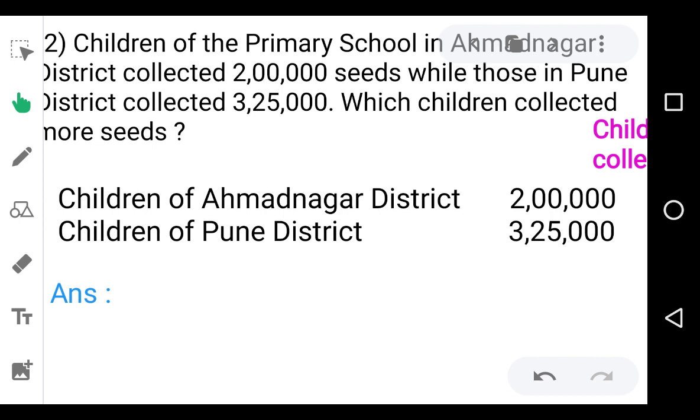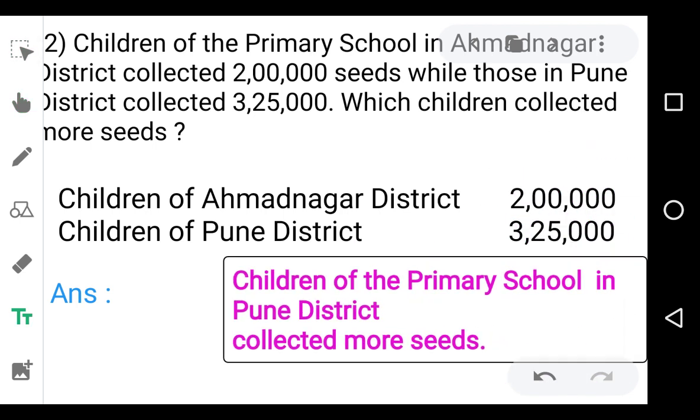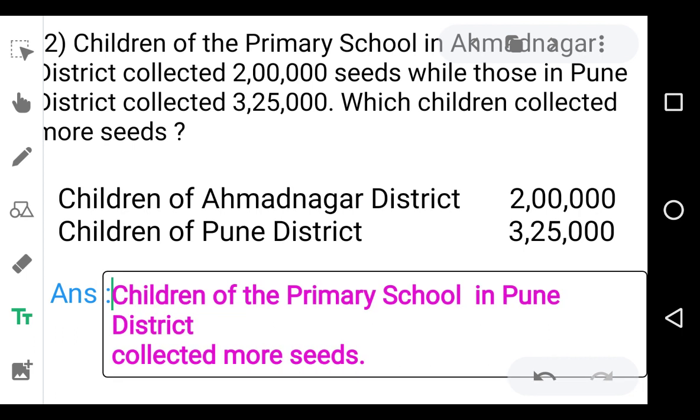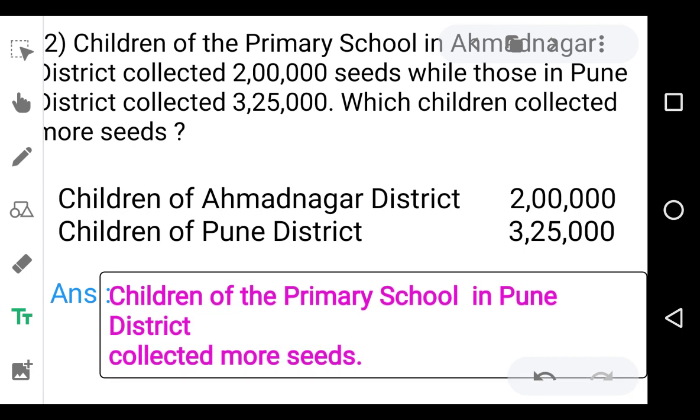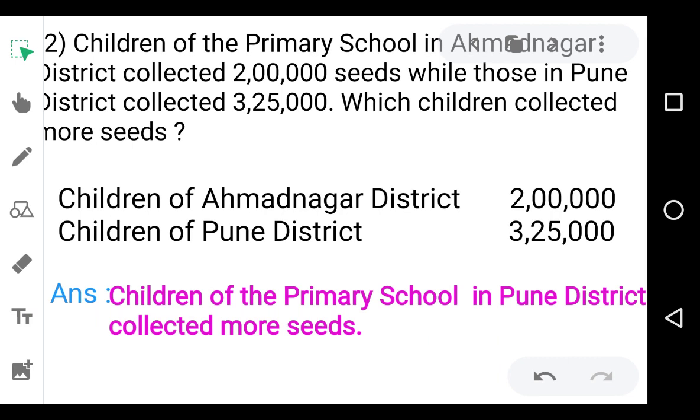And children of Pune district, they collected 3,25,000. This means that the children in Pune district have collected more seeds. So the answer is children of the primary school in Pune district collected more seeds. Now see the next one.